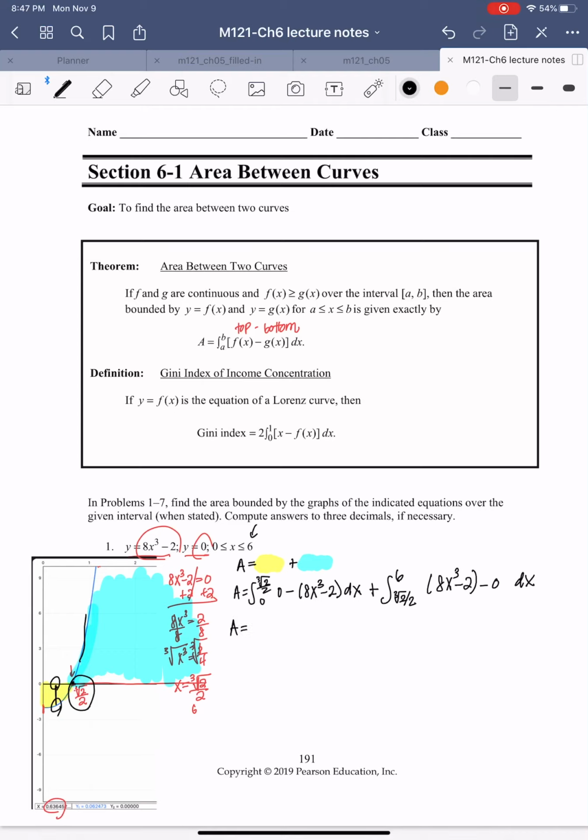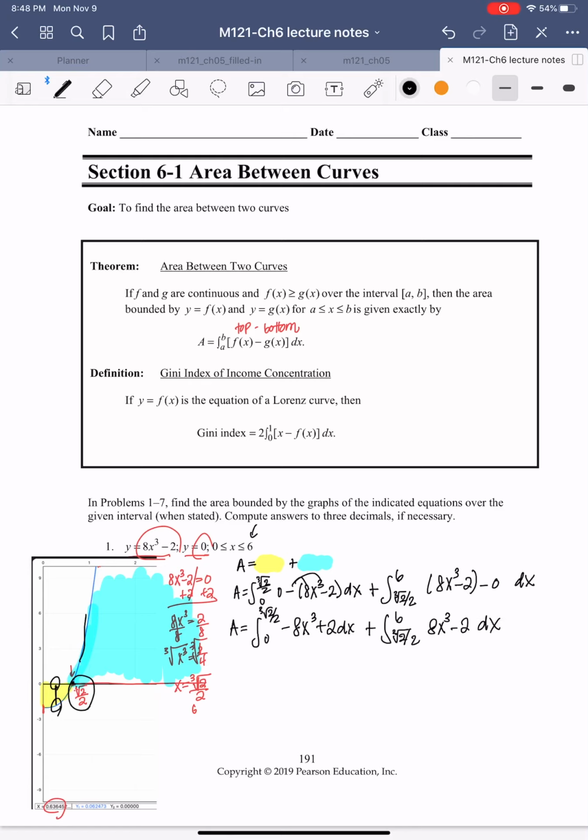So that's the setup. Now all I have to do, just like chapter 5, is apply the fundamental theorem of calculus and evaluate, summing those two areas. So let's do that. This part, distributing the negative, I'm going to have the integral from 0 to cube root of 2 over 2 of negative 8x cubed plus 2 dx. And the integral from cube root of 2 over 2 to 6 of 8x cubed minus 2 dx.